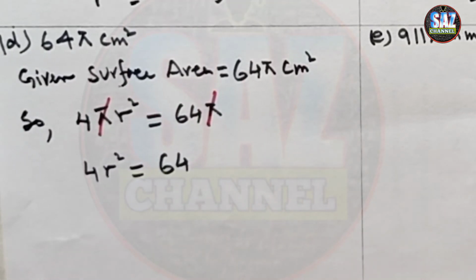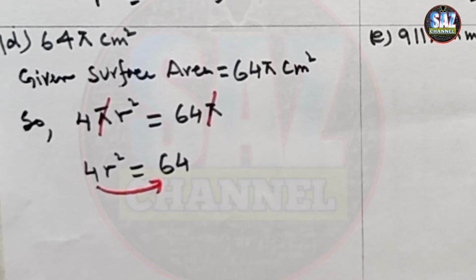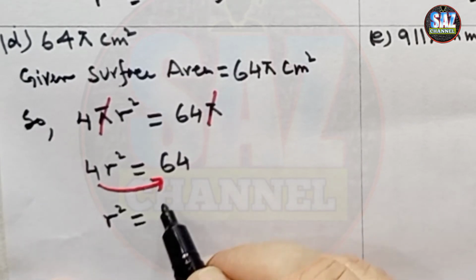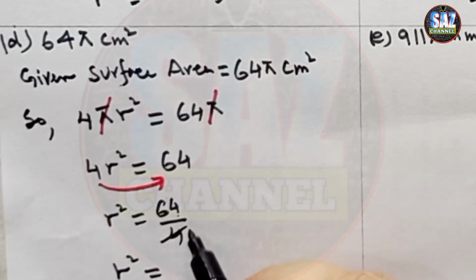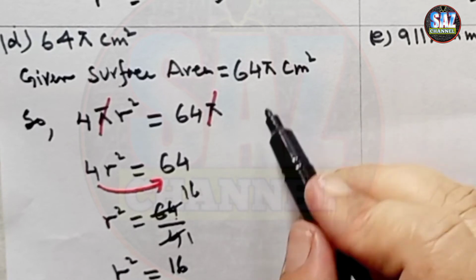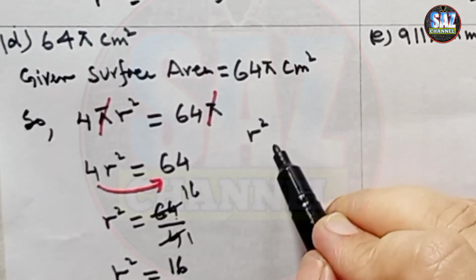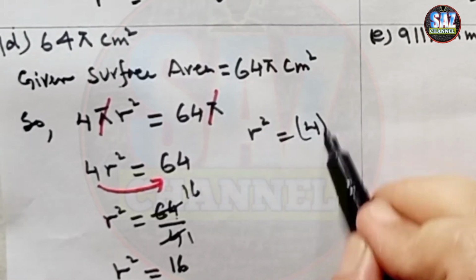Now shift this 4 to the other side and divide 64 by 4. r square equals 64 by 4, and 64 by 4 is 16. r square equals 16. In order to get the value of r, we have to think about the number whose square is 16. 16 is a perfect square, 4 square.